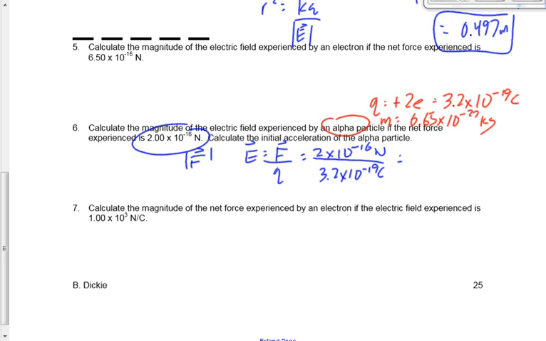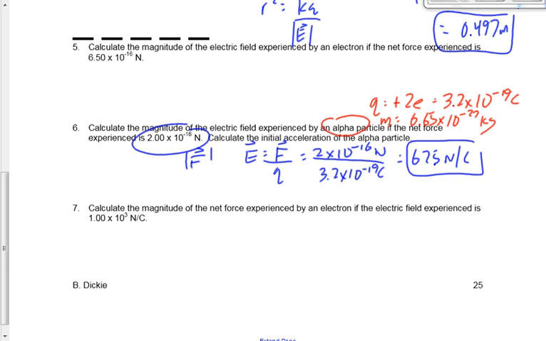Do that math, and that should work out to be 625, or 6.25 times 10 to the 2. Now, we could have also used volts per meter, but it probably makes sense to use newtons per coulomb here because of the equation that we used.